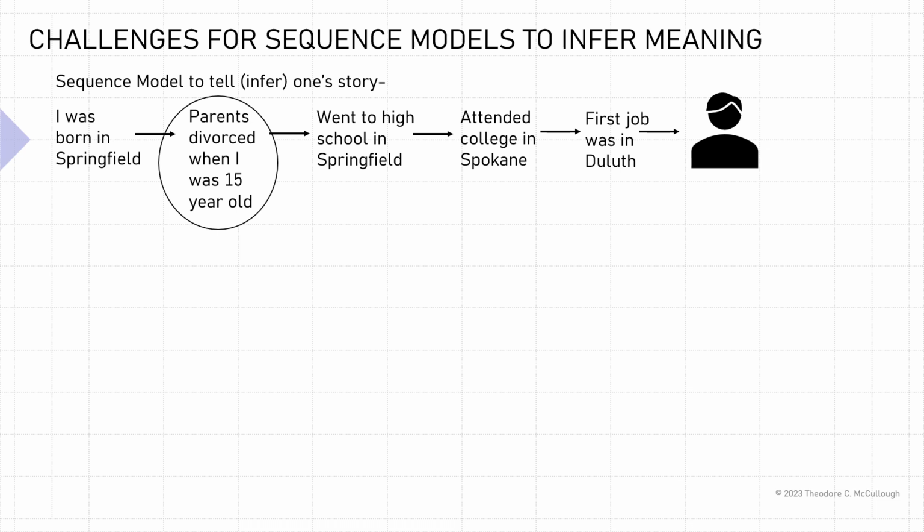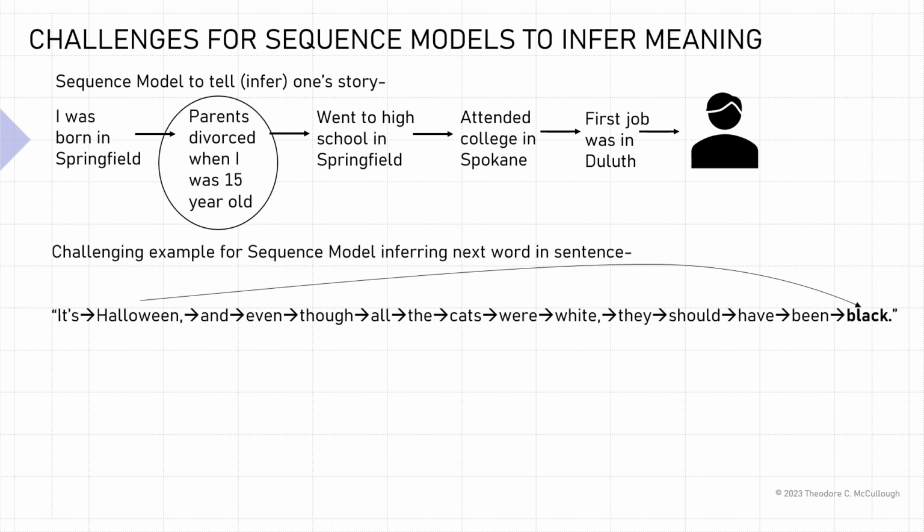And so here, for example, the point of one's parents divorcing can have an outsized impact on defining who one is relative to the other points in the sequence. The same is true with some sentence examples. So take the following sentence: "It's Halloween, and even though all the cats were white, they should have been black."